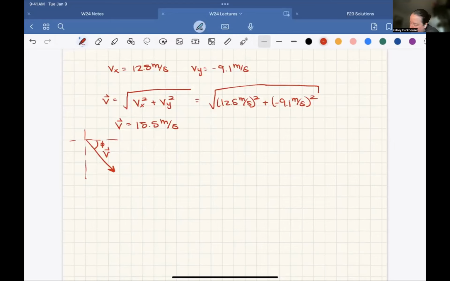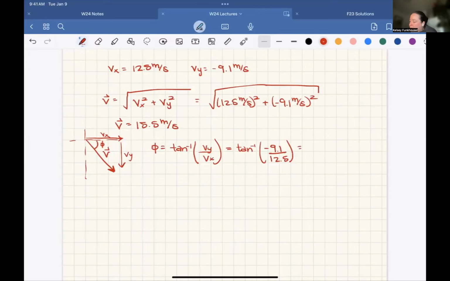And so phi is tangent inverse of y, which is still going to be opposite, and x, which is still going to be adjacent. So v_y over v_x equals tan inverse of, and because we're going to be careful about our labeling, you could write this, we can put in negative 9.1, that's fine, but you don't have to as long as we are careful in explaining what this angle is from.